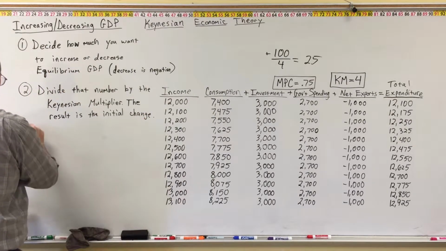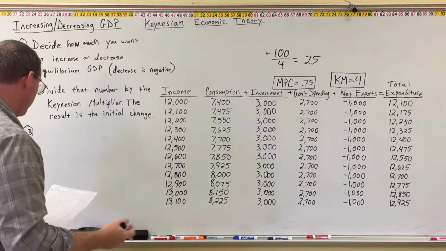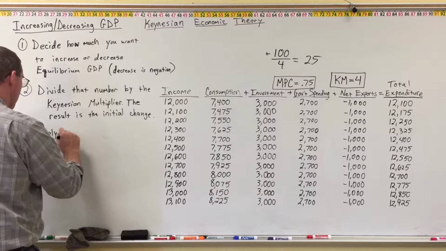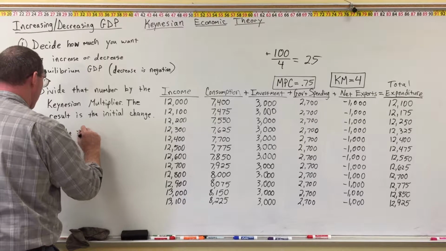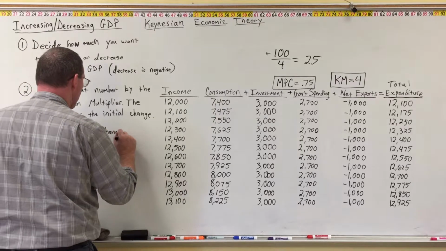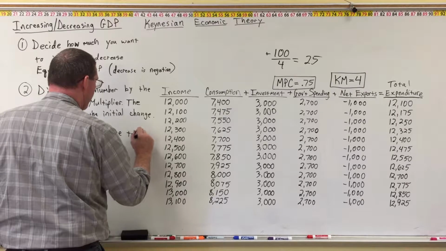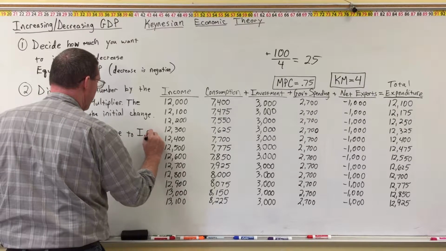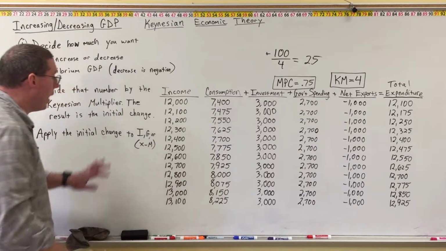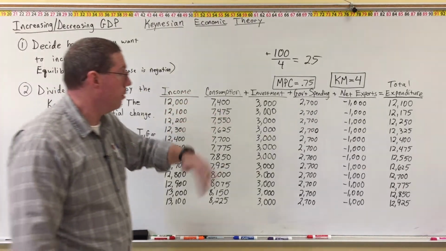All right, step 3, apply the initial change to either investment or government spending or net exports, X minus M. Now, you can actually split the change among the 3.